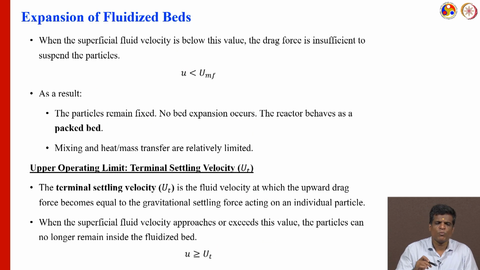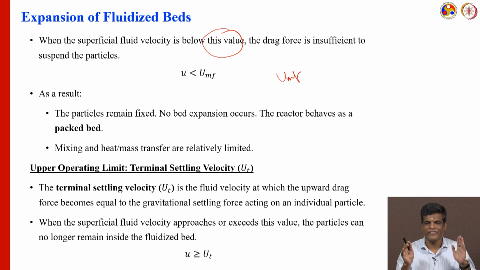When the superficial velocity is below the minimum fluidization velocity, the drag force is insufficient to suspend the particles. So if you go below the UMF value, the particles remain fixed and there is no bed expansion.